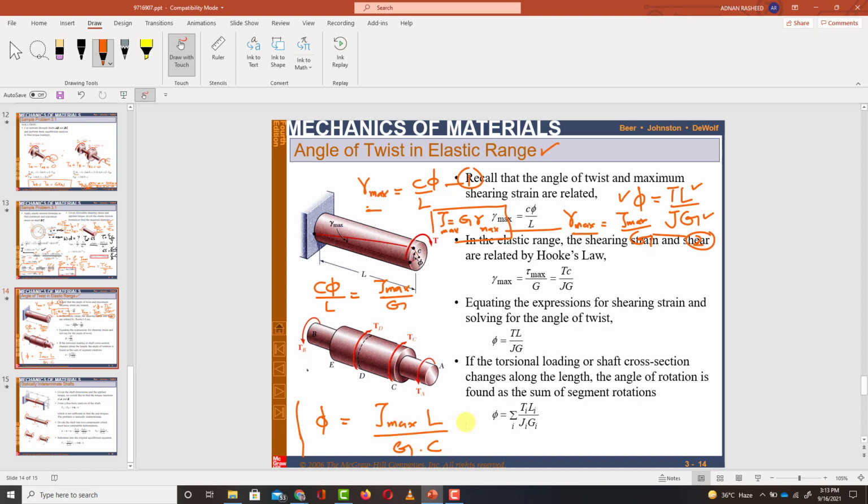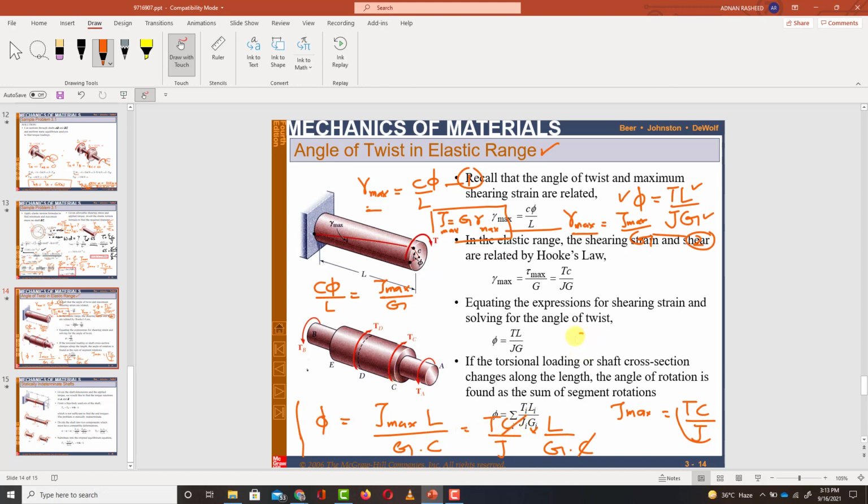Now this tau max is actually TC over J. Remember? So if you remove this tau max and you put this, that will become equal to T into C divided by J, and similarly L over G into C. So C will cut.